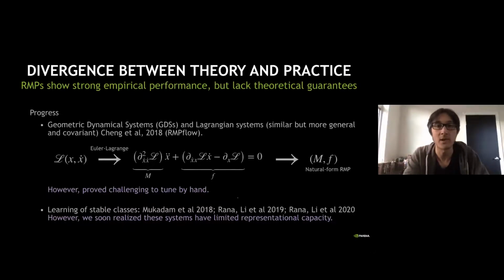So a lot of the examples that we showed were actually an earlier formulation that didn't have the stability guarantees. But to push the stability research, we started looking into ways of learning these, under the notion that maybe it was just difficult to tune by hand. But at some point we realized that there's actually a fundamental representational capacity limitation to some of these dynamical systems that we're deriving.